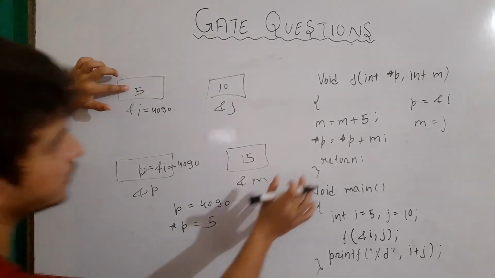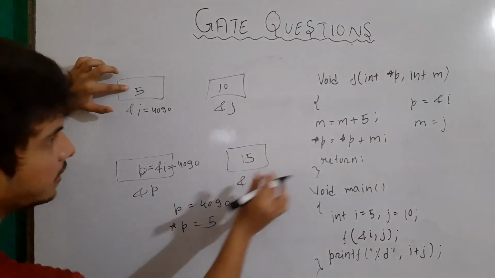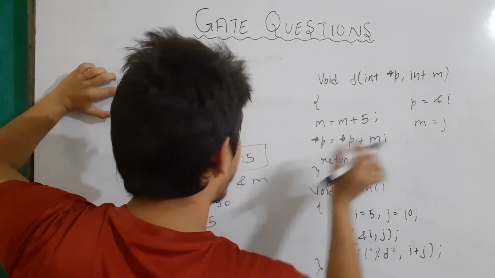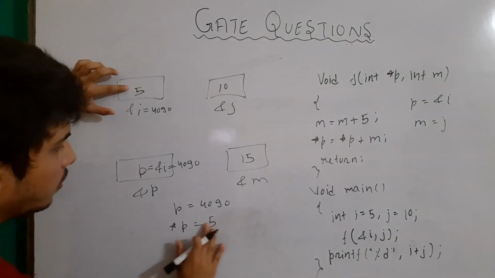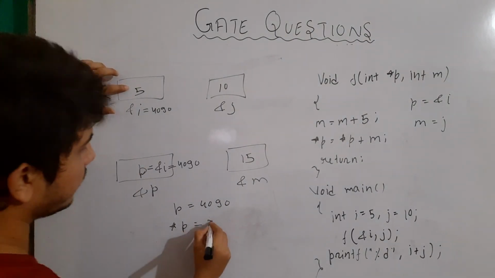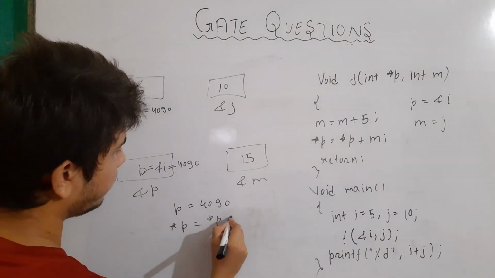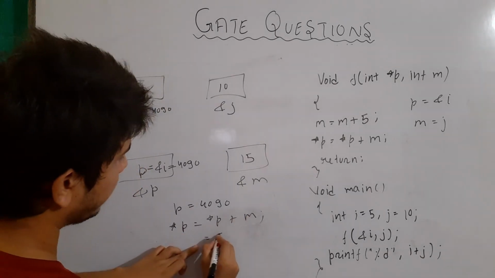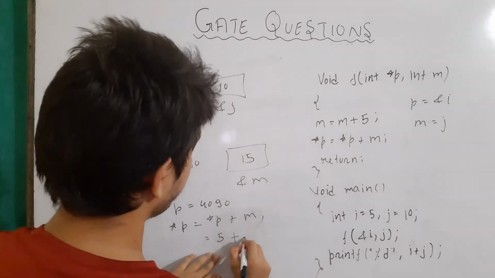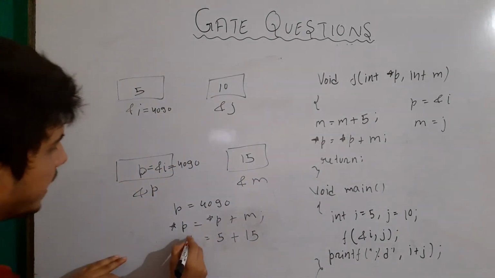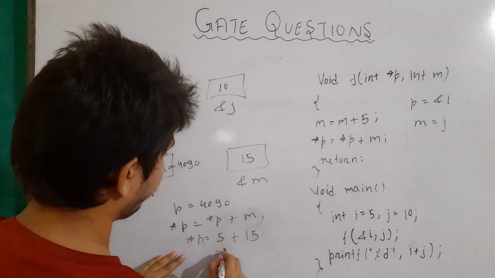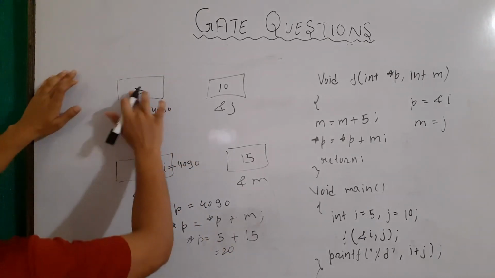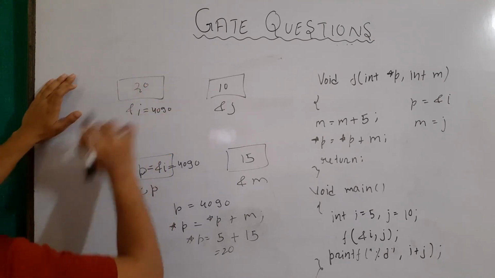And now this line is saying, change whatever is present in this memory location with the previous value and add the value of M to it. So whatever was currently 5, plus the current value of M, which is 15, right? So *P should now be 20. The value present at this address is changed, so this will now become 20, right?